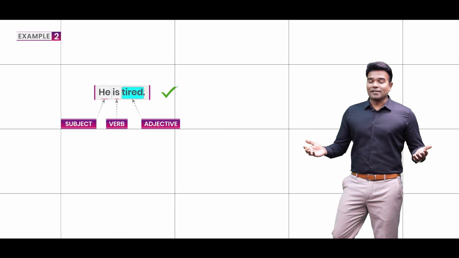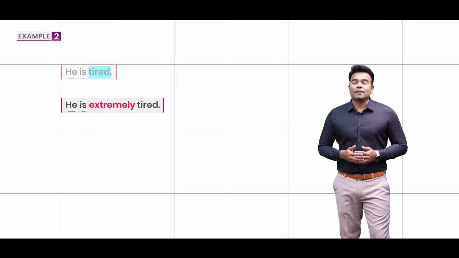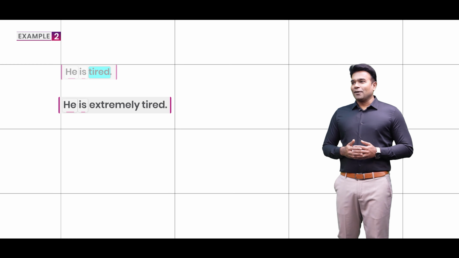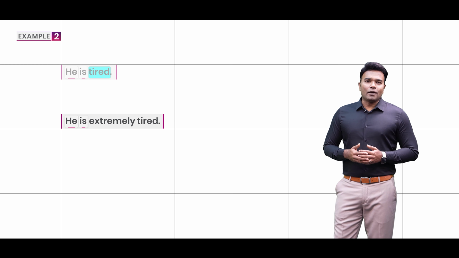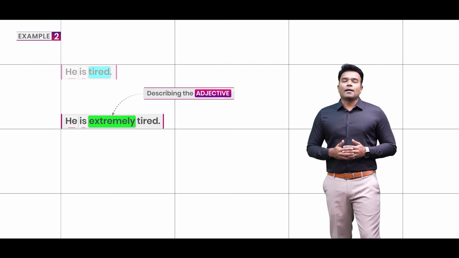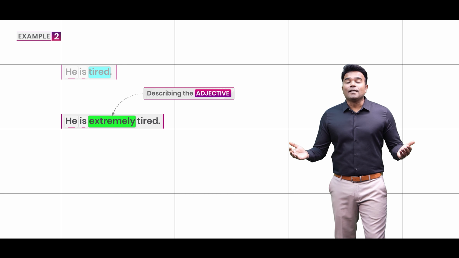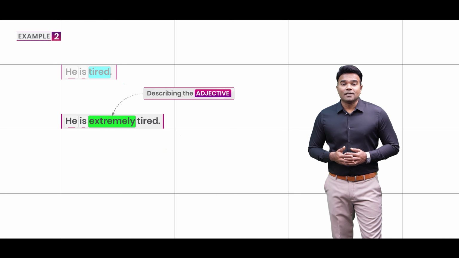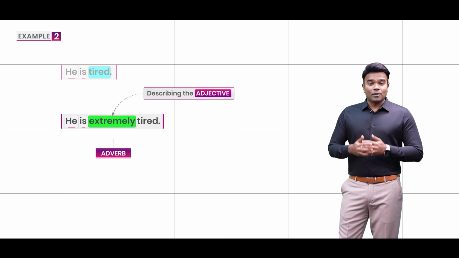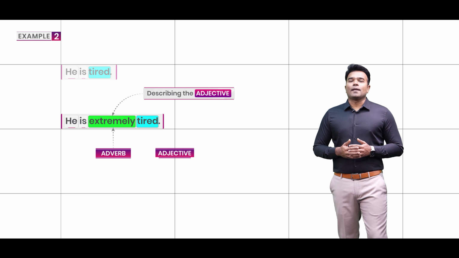But this sentence is not indicating how tired he is. Have a look at this sentence: he is extremely tired. Here the word extremely is giving us additional information about the adjective. In fact, extremely is telling us that the person is very tired, and hence extremely is the adverb giving us additional information about the adjective tired.